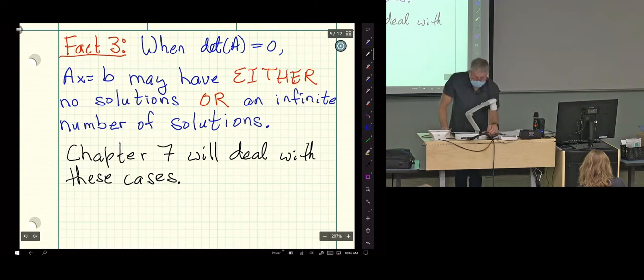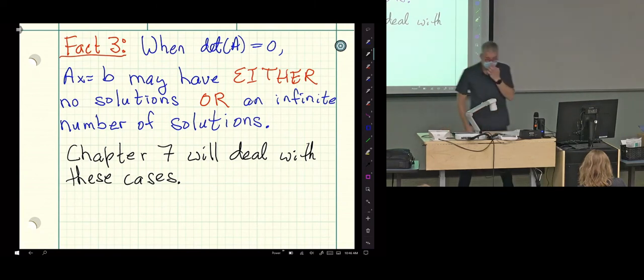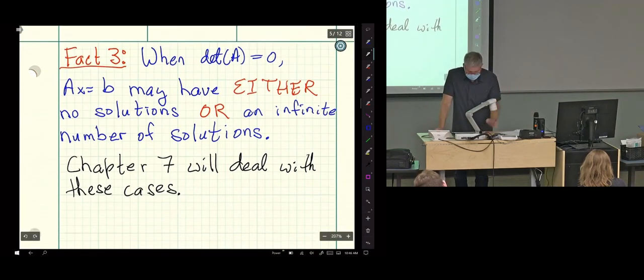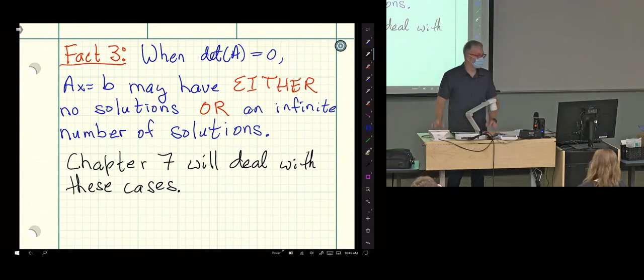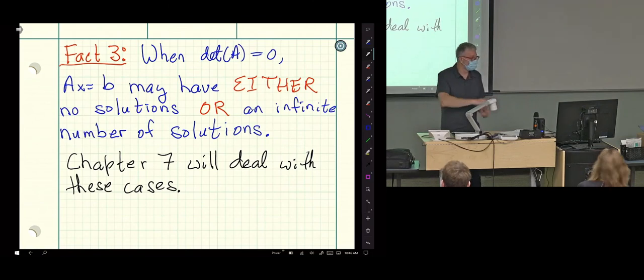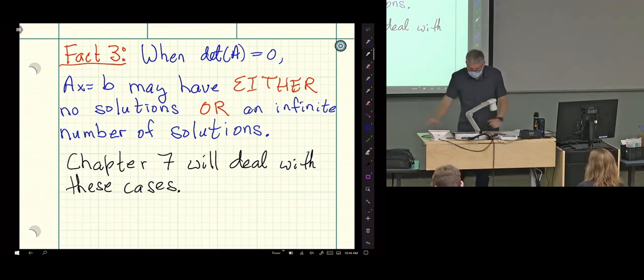We will have methods in Rob 101 to handle how we decide when AX equals B has either no solutions or a whole infinity of solutions, meaning a whole line of solutions, a whole plane of solutions, a 7-dimensional crazy set of solutions. We'll be able to deal with that, but not for right now.